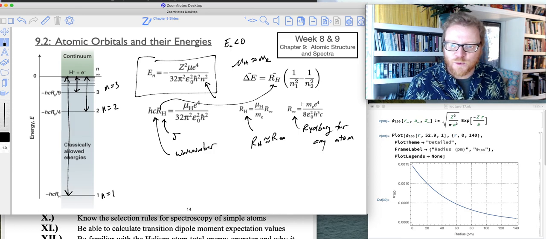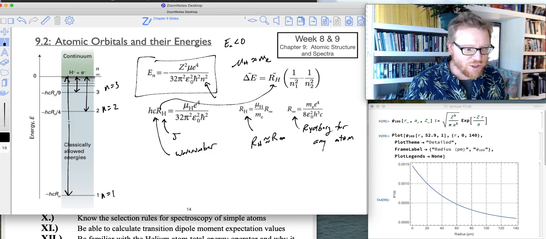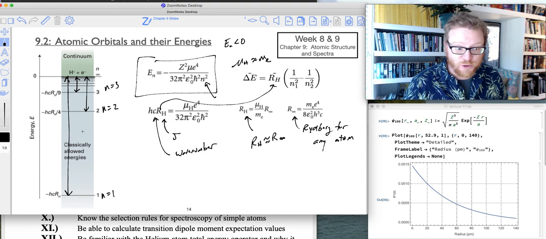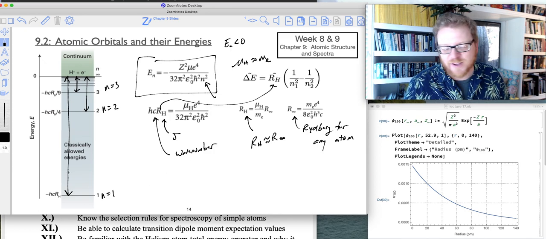And this is why we use this R infinity, because this whole giant arrow that I just drew is roughly equal to R infinity. Technically it's RH, but again, we know RH is equal to R infinity.